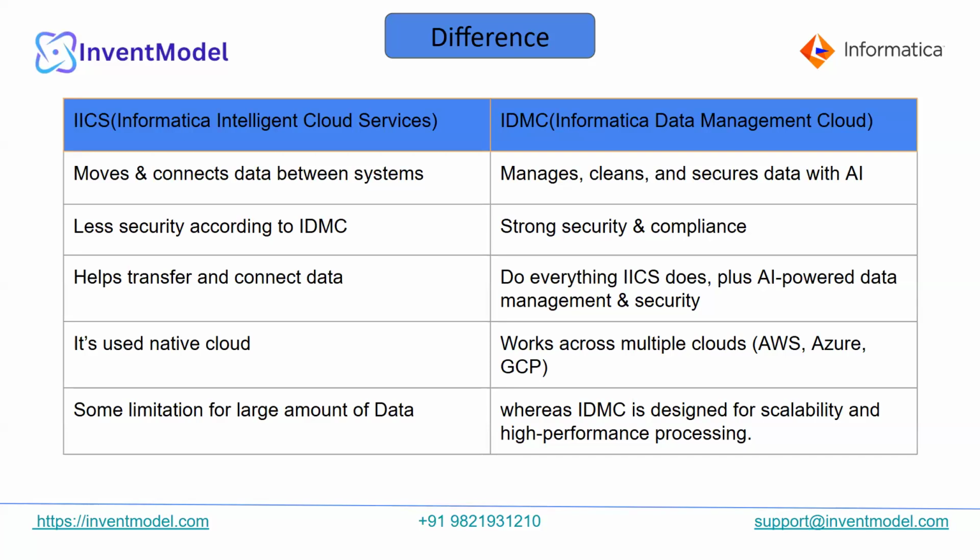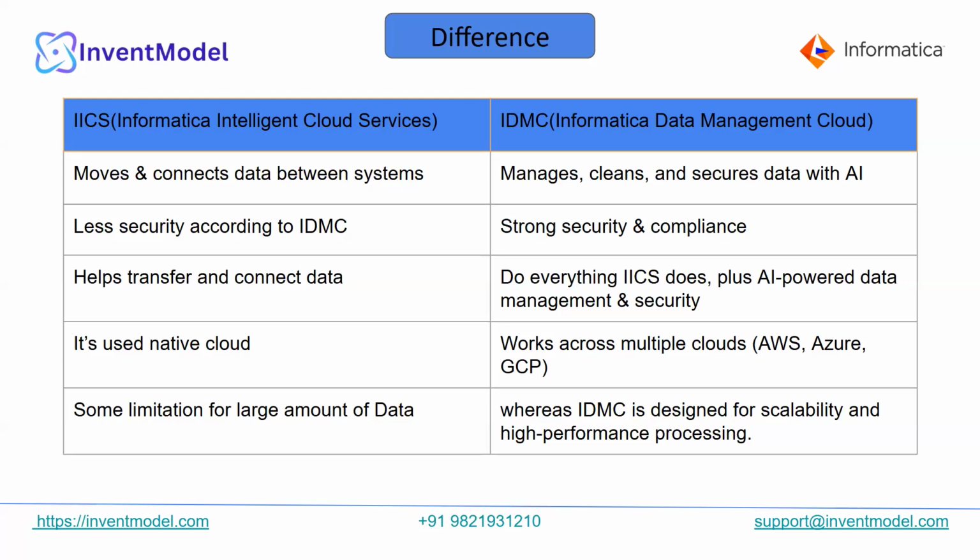We can easily transfer the data, but with security, which is the main concern nowadays. If we have huge data sources, security is the main feature every industry wants, so IDMC easily fulfills these requirements.